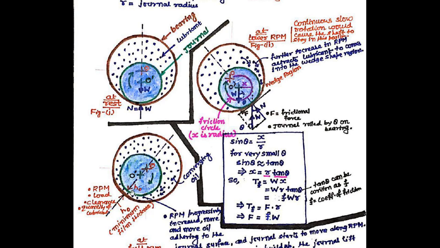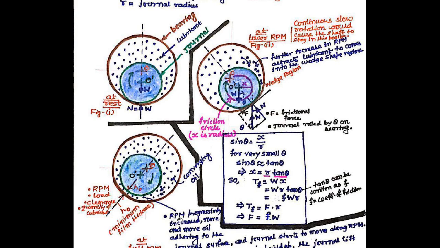This minimum film thickness depends upon the RPM, load, clearance, and quantity of lubricant. How much lubricant is present here, on these factors this minimum film thickness depends. And this phenomenon of lubrication is due to the converging oil.